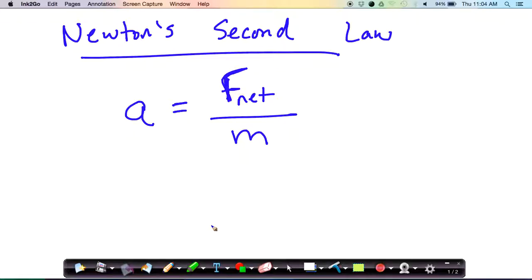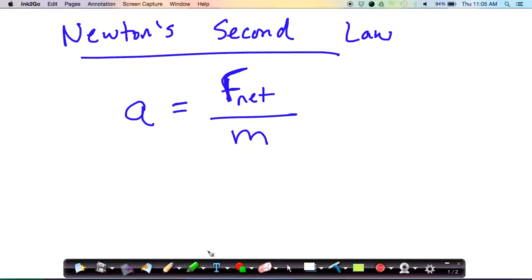And that's Newton's second law of motion. So we can see from this equation that if we increase the net force on an object, its acceleration will also increase proportionally. But if we increase the mass on an object, it's going to see a decrease in its acceleration. Inversely proportional is acceleration with respect to mass. And that's Newton's second law of motion.